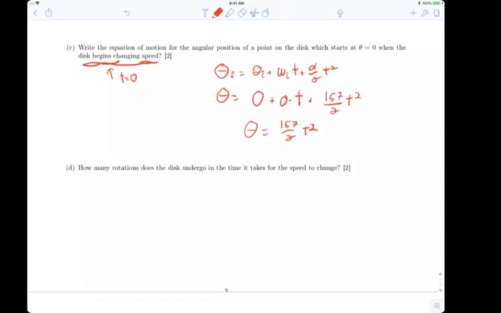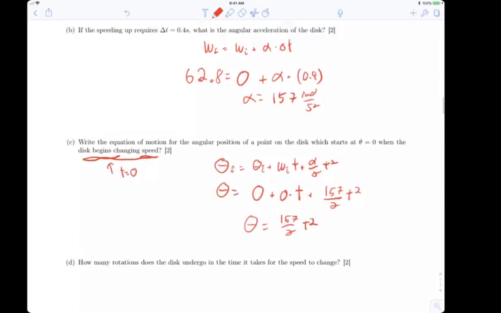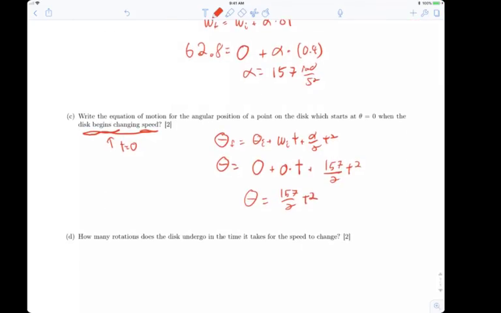How many rotations does the disk undergo in the time it takes for the speed to change? Okay, so it took 0.4 seconds. So what's our final theta after 0.4 seconds? 157 times 0.4 times 0.4 divided by 2. 12.56.